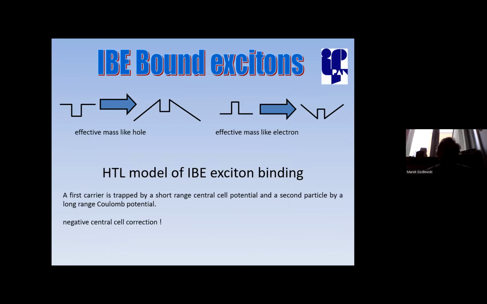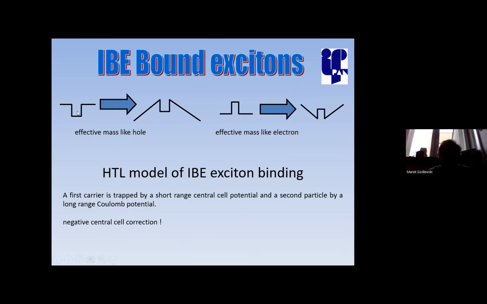For example, if we put nitrogen or phosphorus in III-Vs, the number of valence electrons is the same, which is why we call it an isovalent system. But still we can have strain, because the radii can be different. The two may have different electronegativity, and this may lead to binding of carriers.